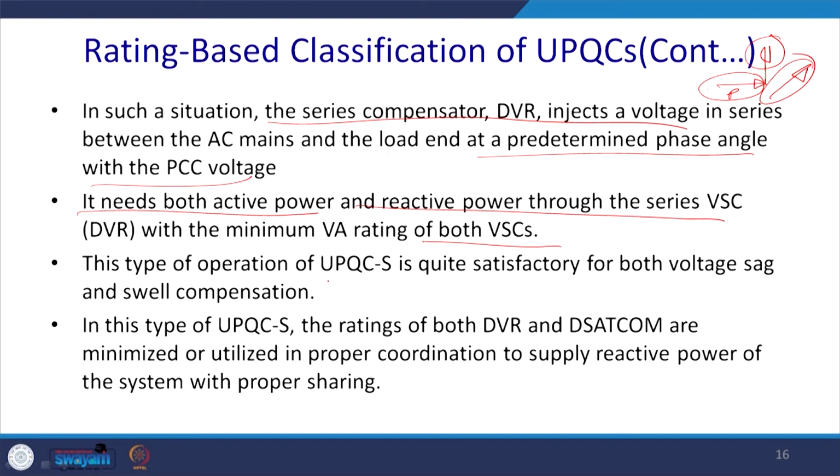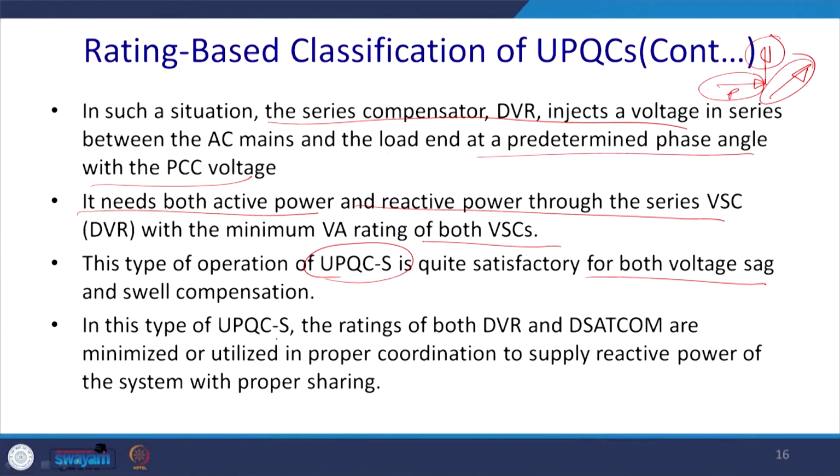This type of operation of the UPQC-S is gaining popularity and is quite satisfactory for both sags as well as swell compensation. If you have more of a sag problem, then you use it as a UPQC-Q mostly. Moreover, in this type of UPQC-S, the rating of the DVR and D STATCOM are optimized, and thus you require the minimum BOM cost, something like that.